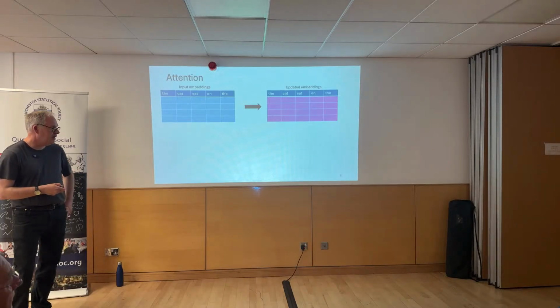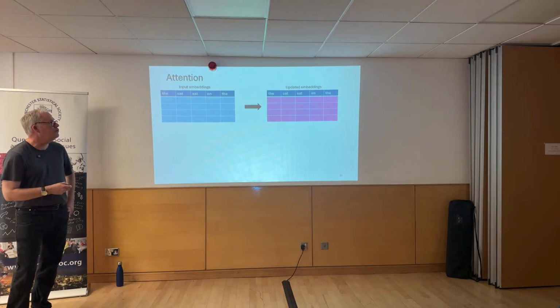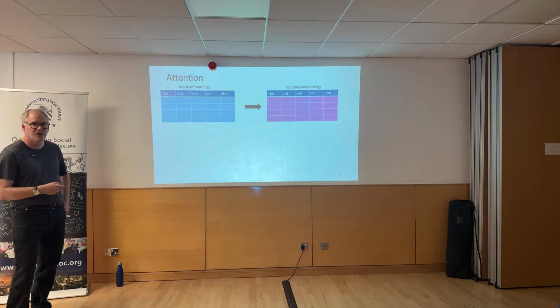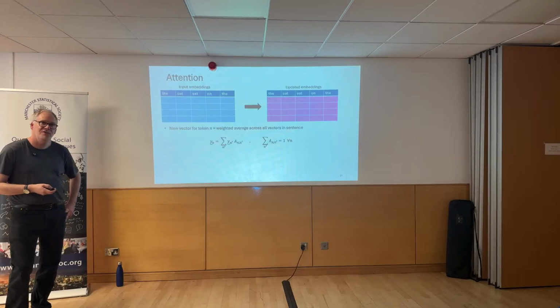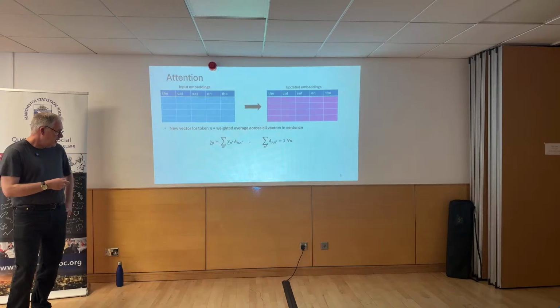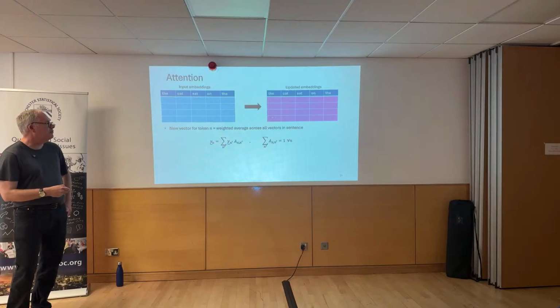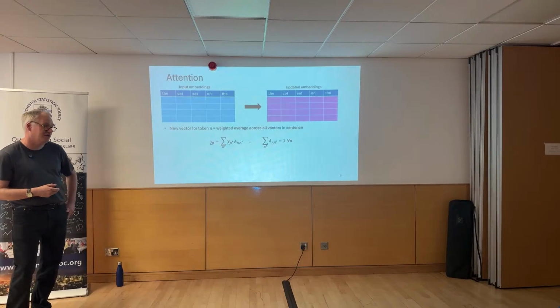So how might we do that? How might we actually create a new vector that somehow takes into account the information that's going on around it? Well, the most obvious thing to do is, why don't we just take a weighted average of those different vectors? So if the columns are my vectors y, I'm going to create a new vector, my output vector, as just some sort of weighted average of my starting vectors.